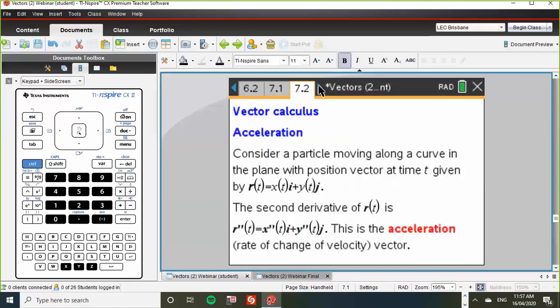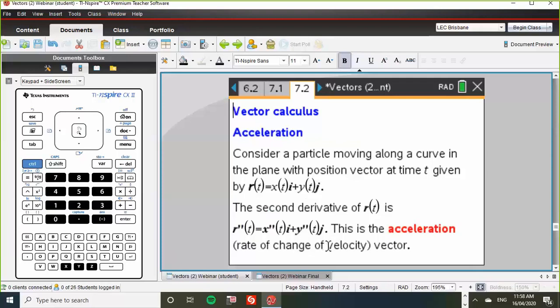Now, of course, we've also got a corresponding situation with acceleration. So consider a particle moving along a curve in the plane with position vector at time t given by that. If you differentiate once, you get the velocity vector. If you differentiate a second time, you get the acceleration vector. So this is the second derivative of x of t with respect to t, and that's the second derivative of y of t with respect to t.